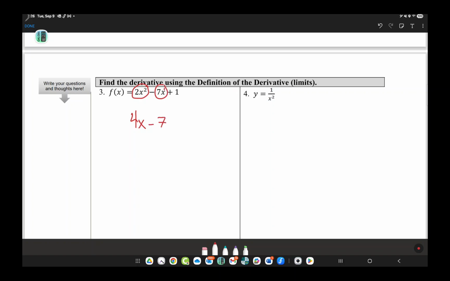And if you remember the notes, what was our derivative function? 4x minus 7. So instead of doing all that limit as h approaches 0 of f of x plus h minus f of x over h, and then rationalizing and all that fun stuff, you could just use the power rule. Same with number 4.